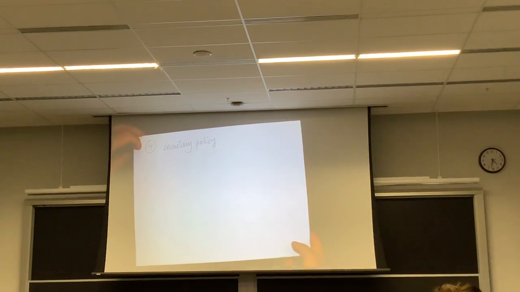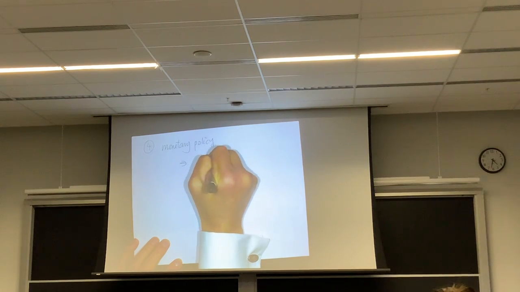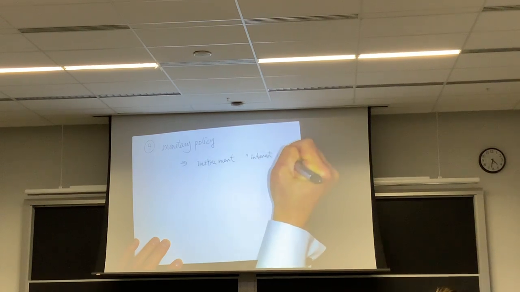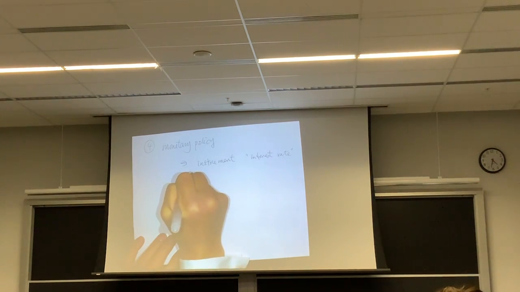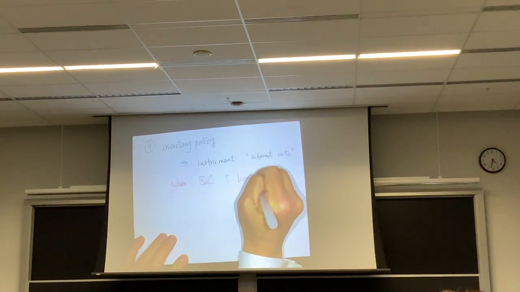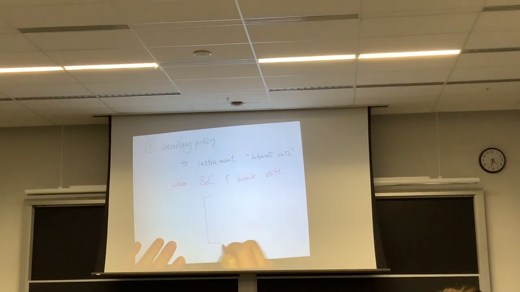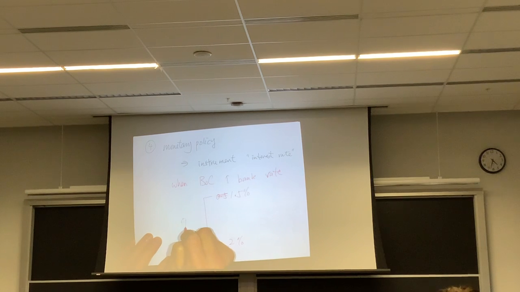So monetary policy, the instrument will be the interest rate. So, when the Bank of Canada increases the bank rate, remember this? The deposit rate is 1.5% and the bank rate is 2% for this operating bank.